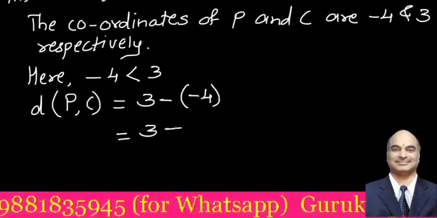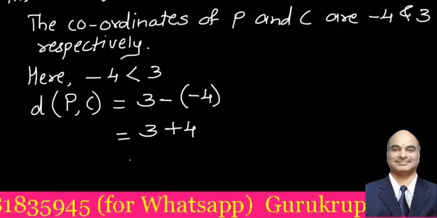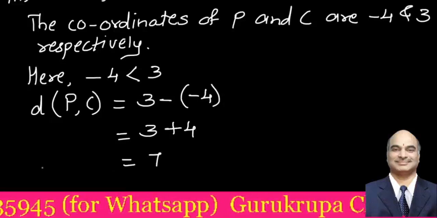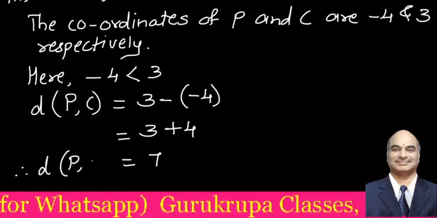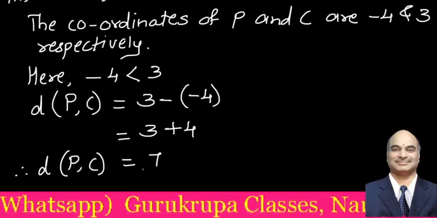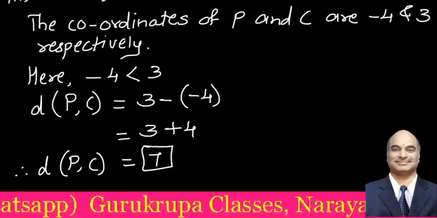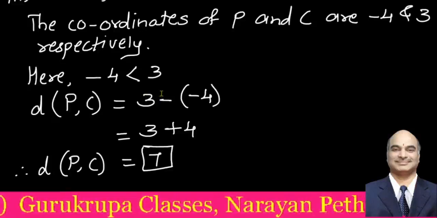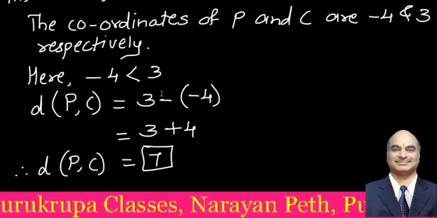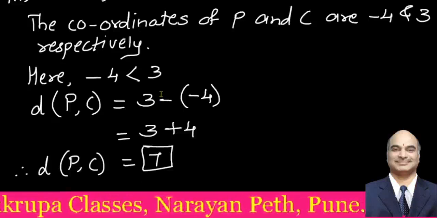Plus into plus is 4, so 3 plus 4 is equal to 7. So we get the distance between points P and C is equal to 7. Okay, please write down this one. Everyone must have written it down.